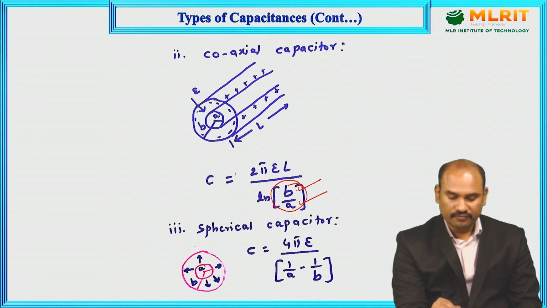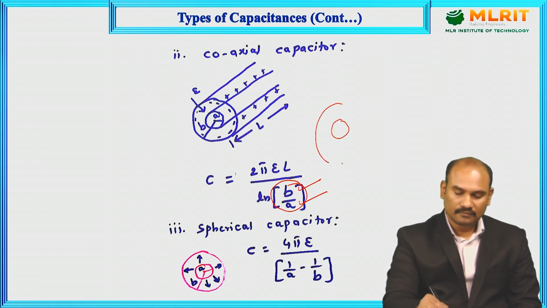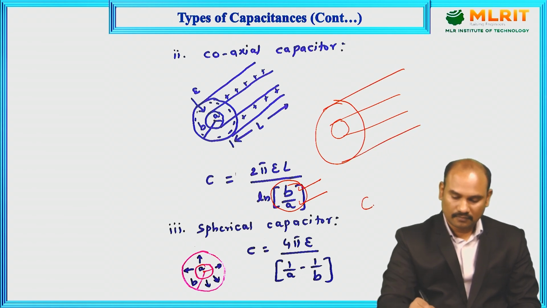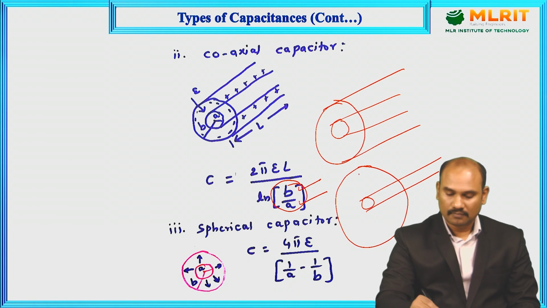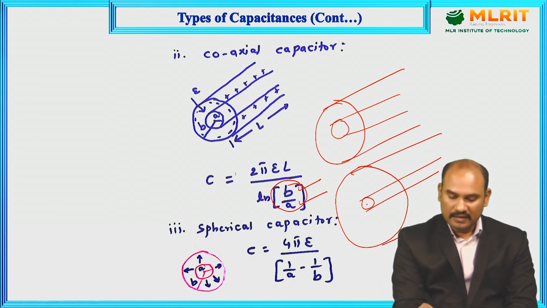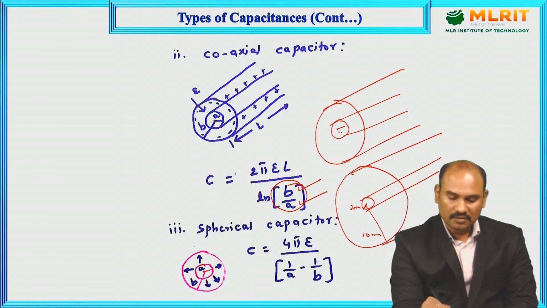If the ratio of outer conductor to inner conductor is more, see these two diagrams carefully. Here let us say the inner radius is 2 millimeters, outer radius is 10 millimeters. In this case, the inner radius is 2 mm, the outer radius is 5 mm.